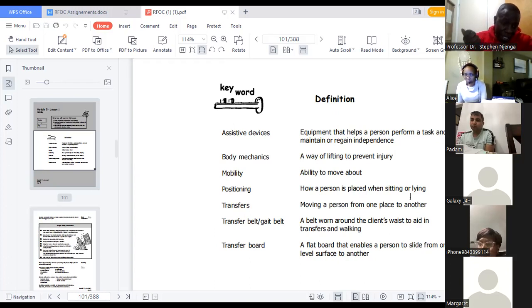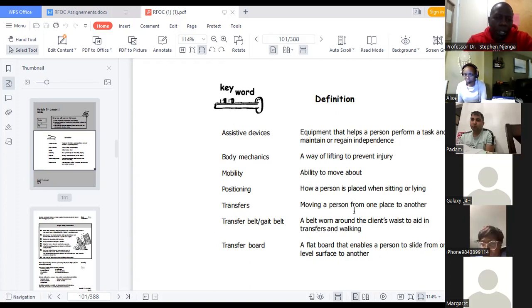Because what will happen if you are not changing them or turning them? With time, if they are urinating, they are going to develop what we call pressure sores. So make sure you follow to the detail everything a care plan talks about.